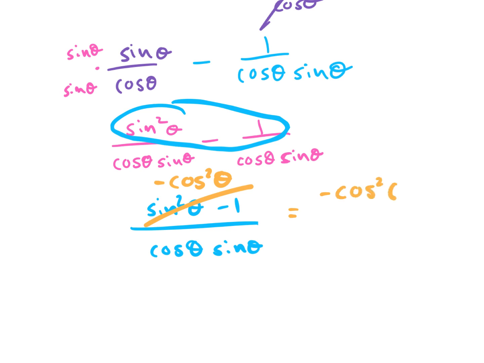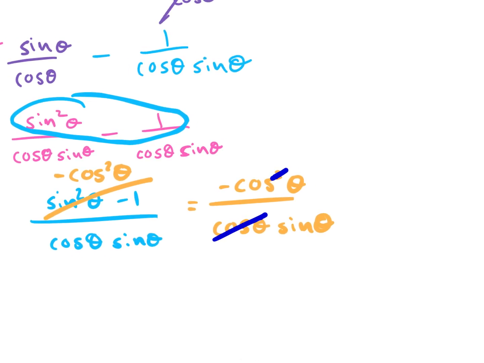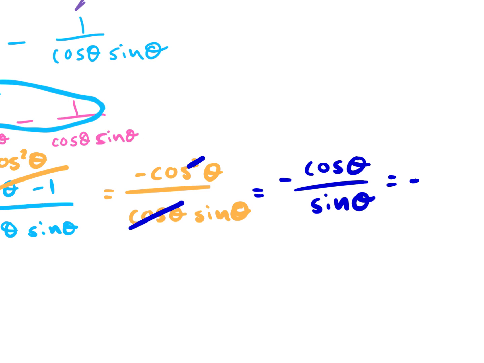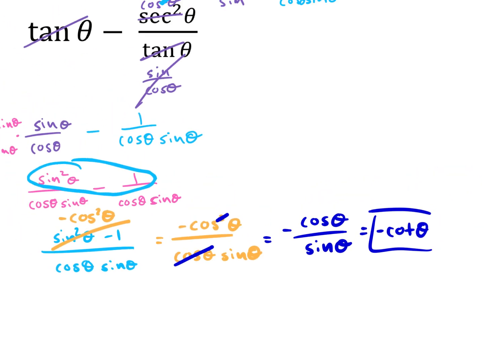So I have negative cosine squared over cosine times sine. What can I do next? The cosine on the bottom just cancels out with one of the cosines on top. So I'm left with negative cosine over sine. And what does cosine over sine simplify to? So negative cotangent. That would be our answer.